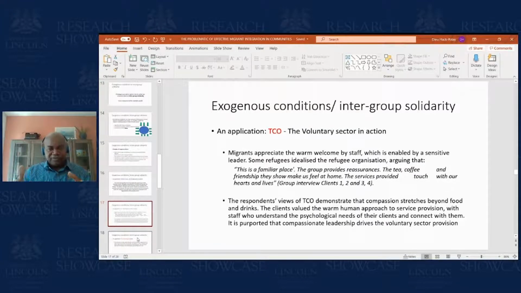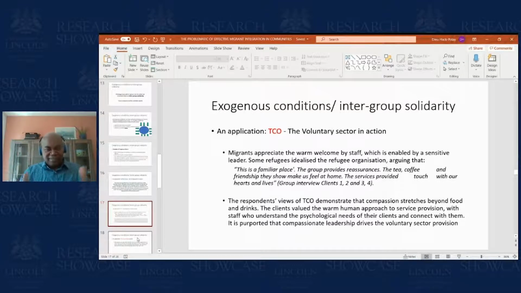In our research with my colleague Paul Igwe as well, we looked at the voluntary sector in action. Basically, the migrants were infused, if you want, by the kindness shown by the voluntary sector, that helped them to feel at home and remove the sense of homesickness and make them feel part of the collectivity through generosity, normal kindness, altruism, as we said earlier.